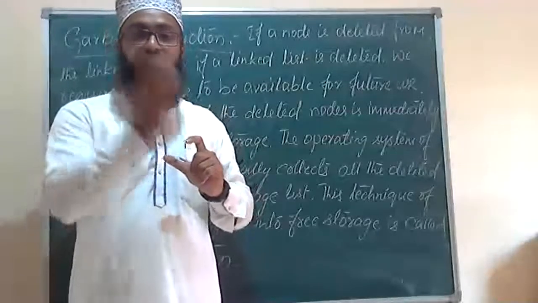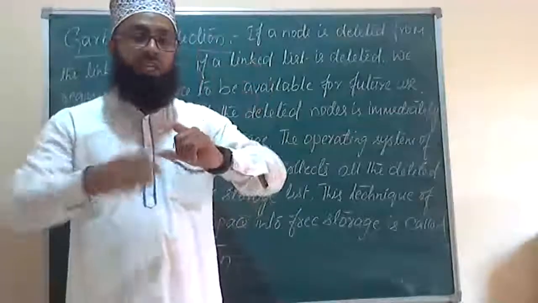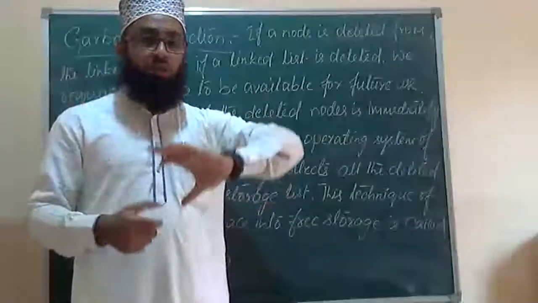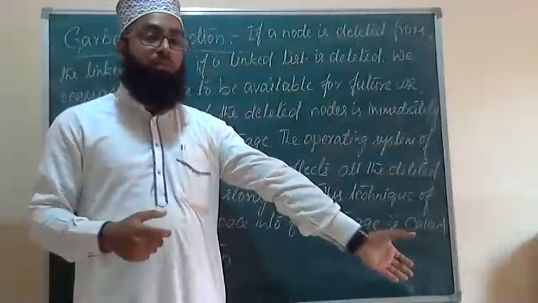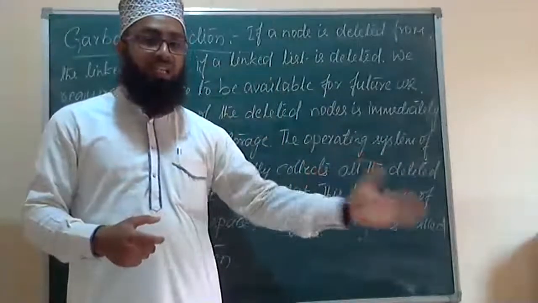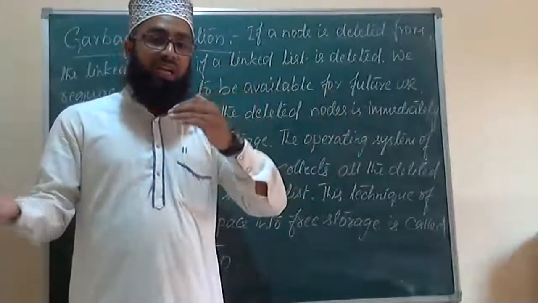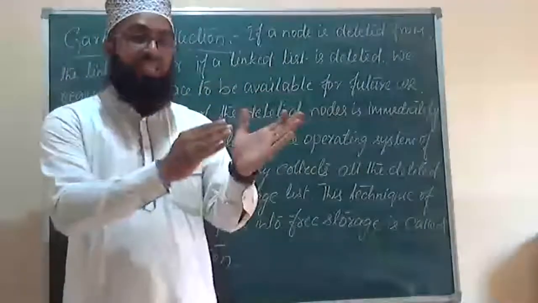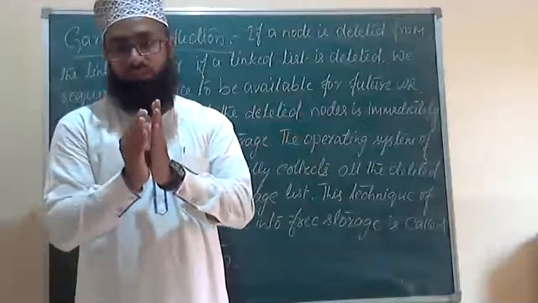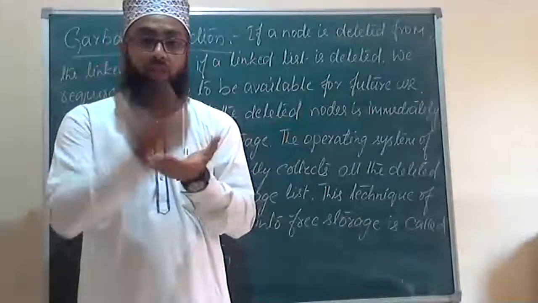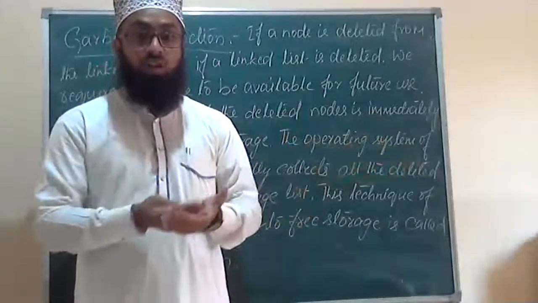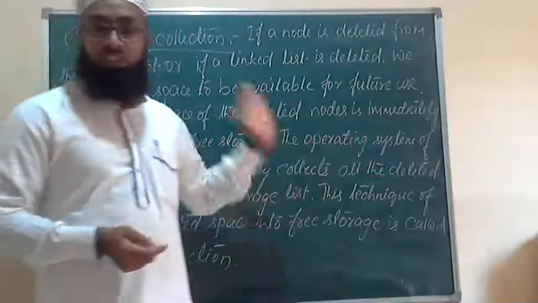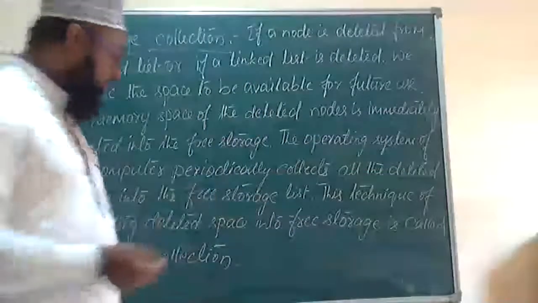The deleted space will be moved to the free storage, just like you are emptying your geometry box and moving that empty box into your bag. When needed, that memory is again taken and tools are again inserted. So this process of collecting the deleted space, like your empty geometry boxes, is called garbage collection. You have understood this.